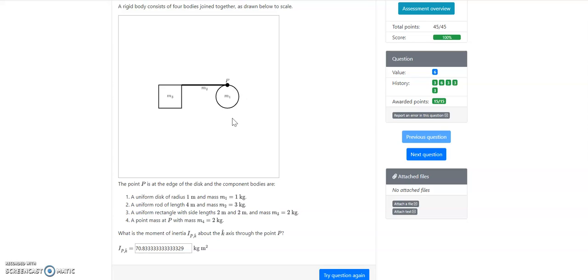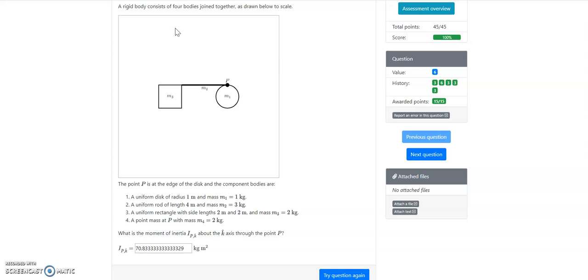So, first of all, what is moment of inertia? Moment of inertia is basically the rotational analog of mass. It tells you how much torque you're going to need to get a certain angular acceleration of a body about a specific point.